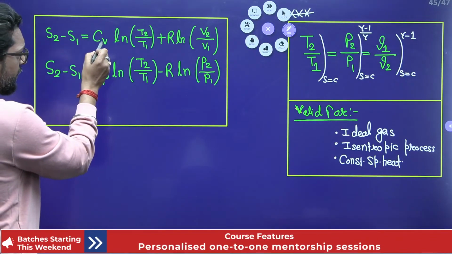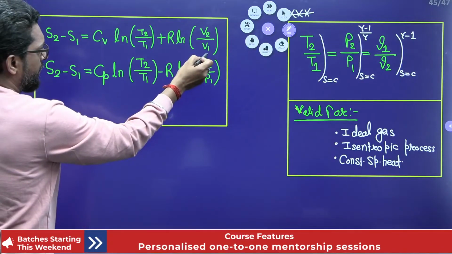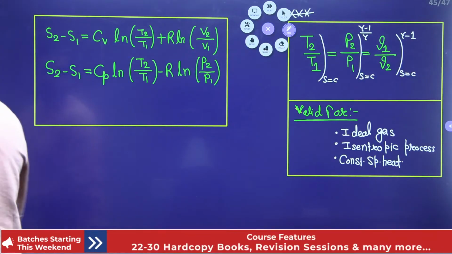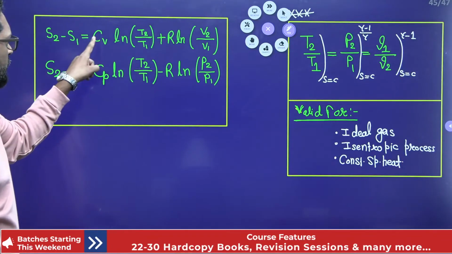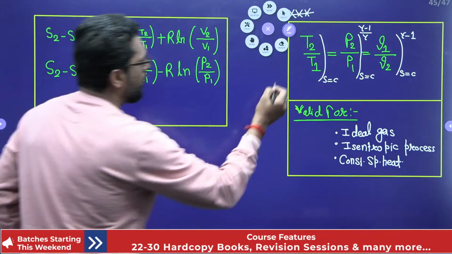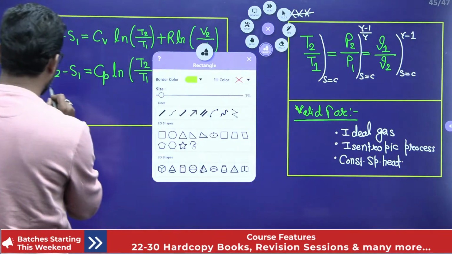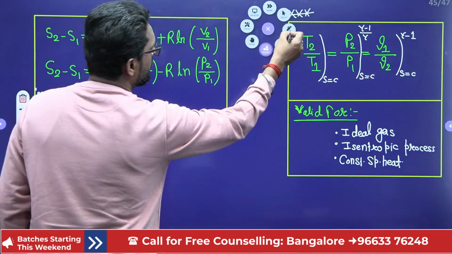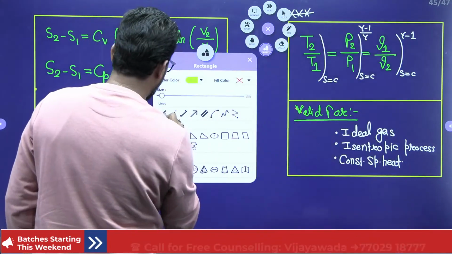If you write Cv, then V2 by V1. If you write Cp, then P2 by P1, and there is a minus. Now, under which condition is it valid, beta?